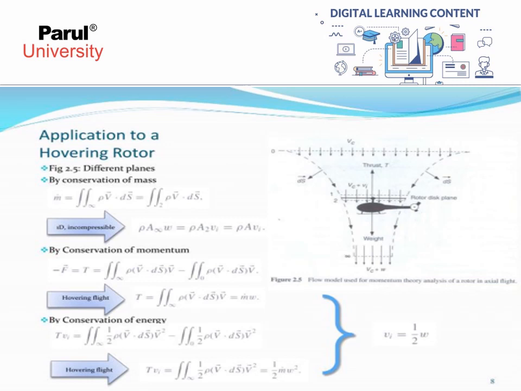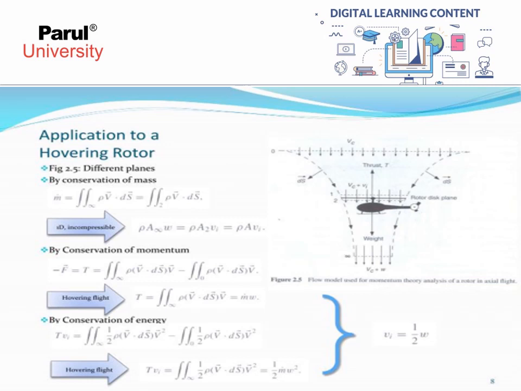For 1D incompressible flow, rho A omega is equal to rho A vi, and is equal to rho A vi. By conservation of momentum, F is equal to T, equal to the integral of rho v dS into v minus the integral of rho v dS into v, meaning final force minus initial.